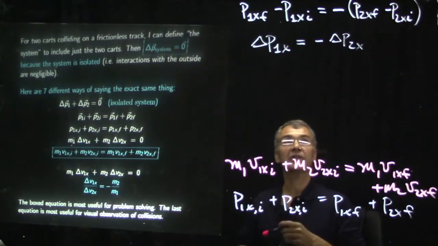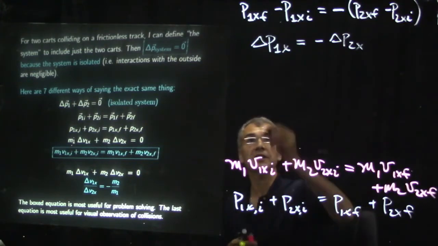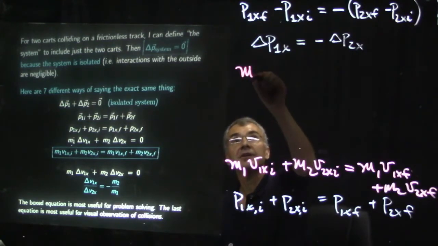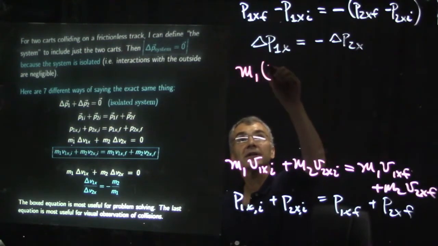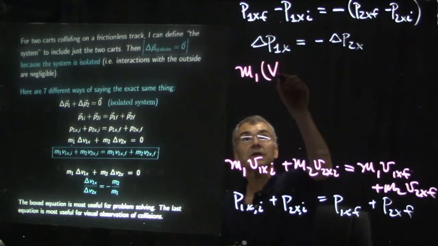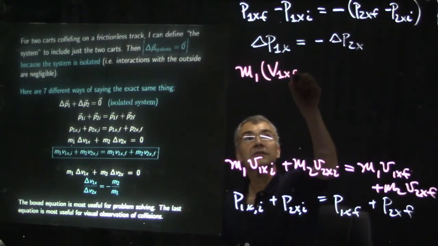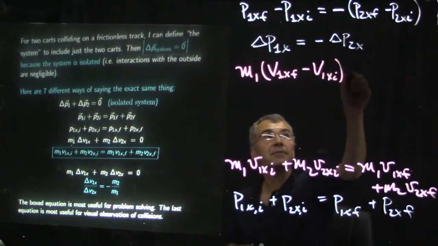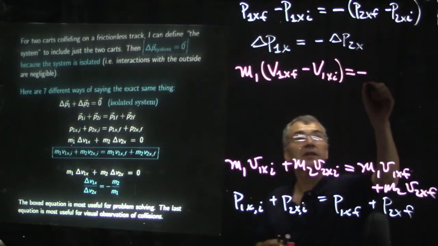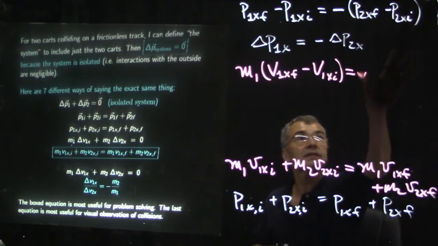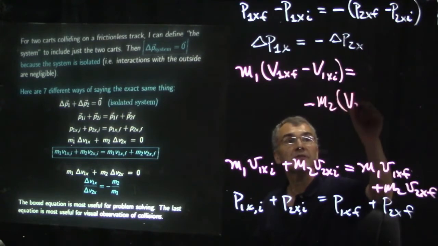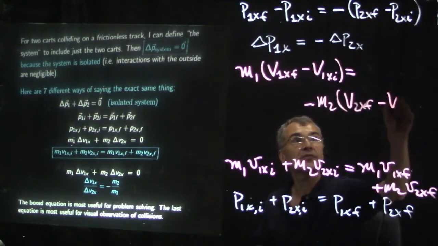What's the implication for changes in velocity? Well, we'll see that we have m1 times v1x final minus v1x initial is the opposite of m2 times v2x final minus v2x initial.